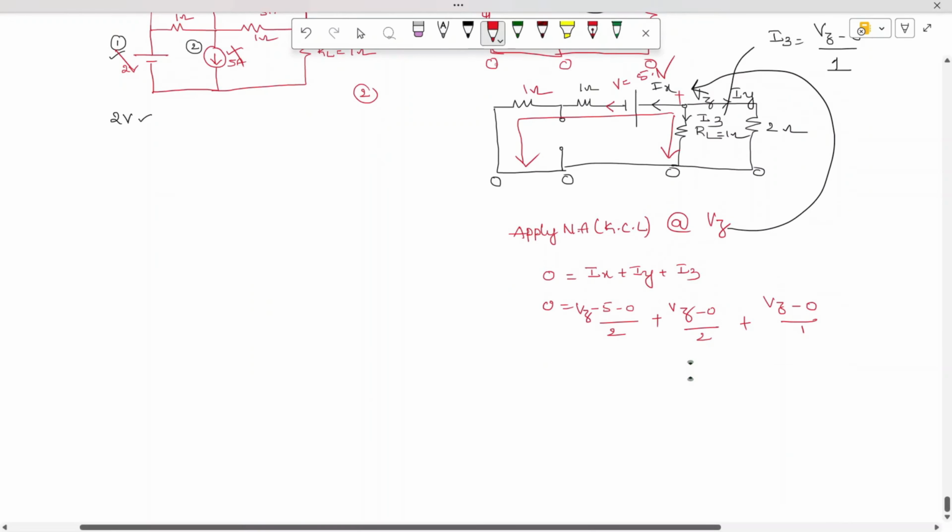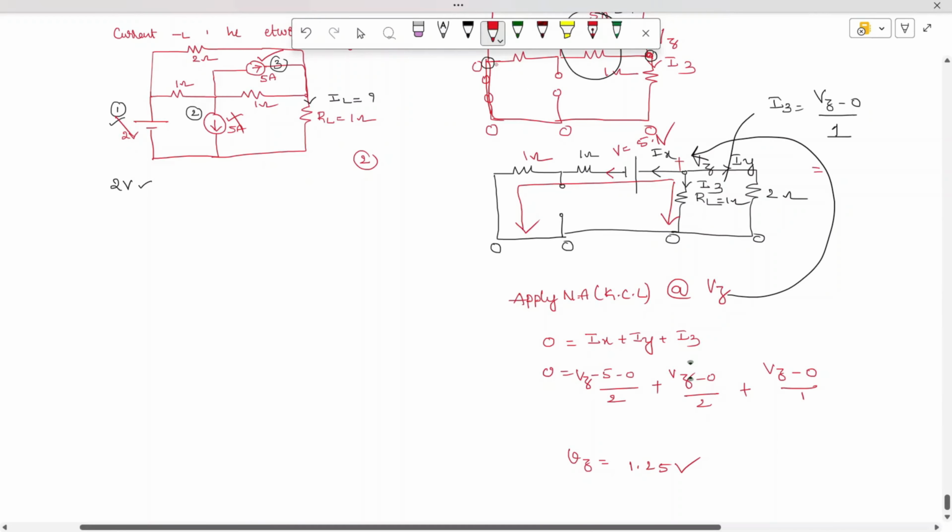Now we are going to simplify it, and when you solve it, you are going to get the value of Vz as 1.25 volts. What we require is Vz, which is 1.25 by 1.